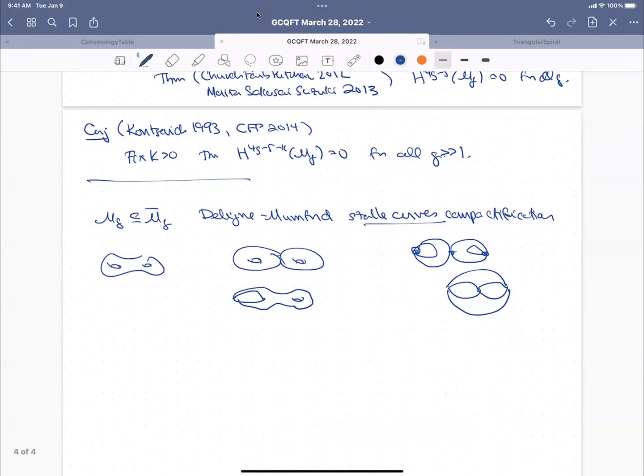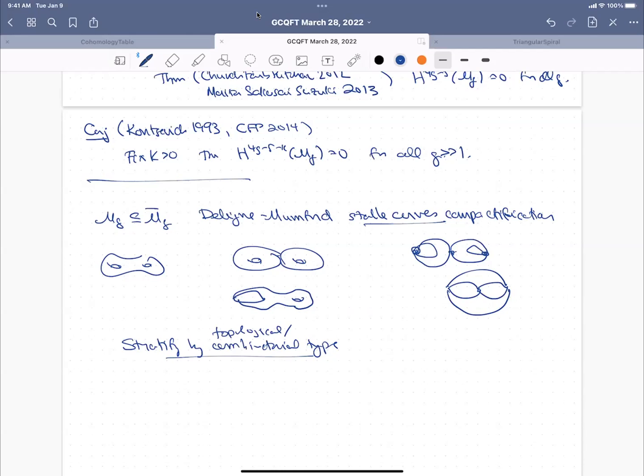And so what we can do now is stratify by the combinatorial or topological type. Once we've picked up some nodes, if we move in a family of curves that have a certain node, that's a locally closed stratum.